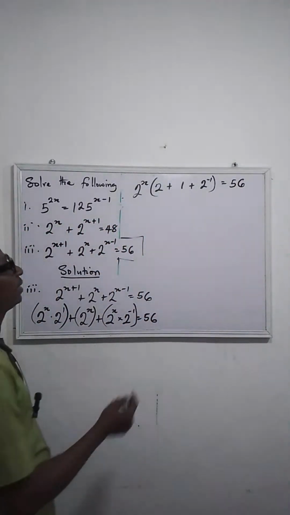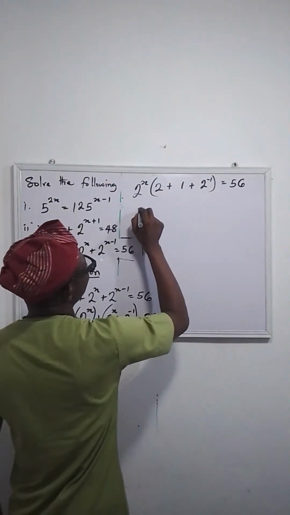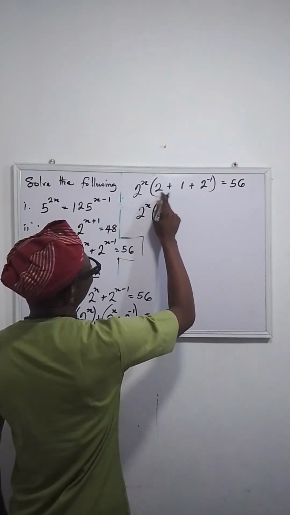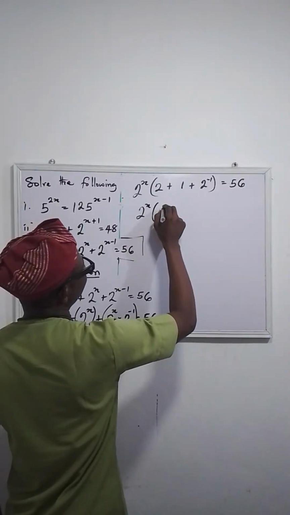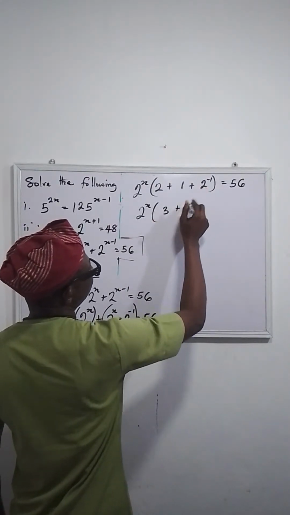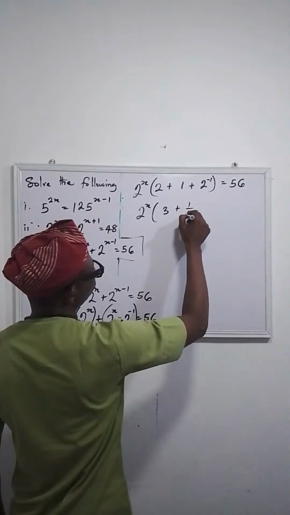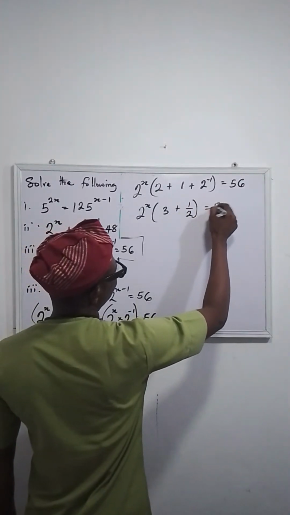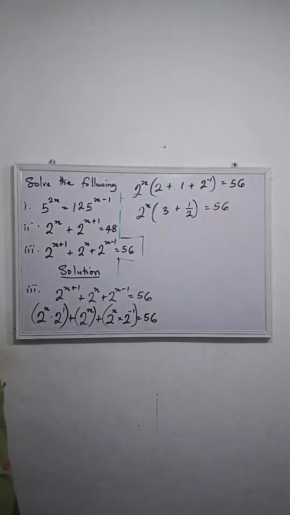Now let's tidy up what we have here. So this is the same thing as 2 raised to the power of x. Now when you add this and this together, you have 3 plus 1 over 2, equals 56.